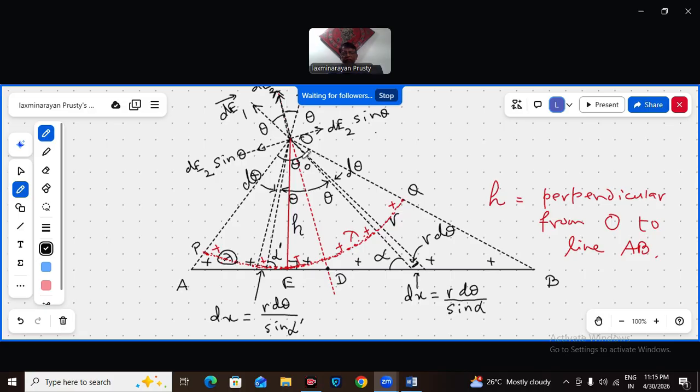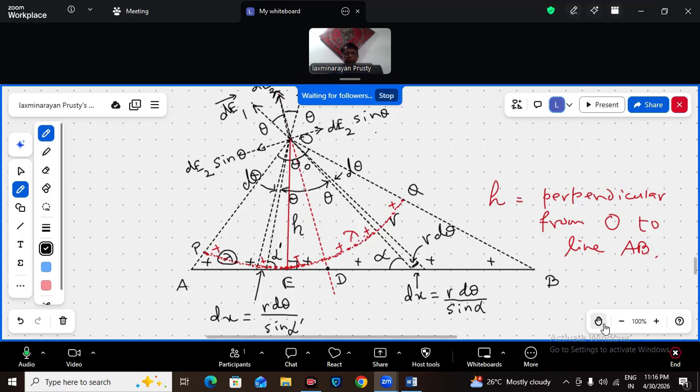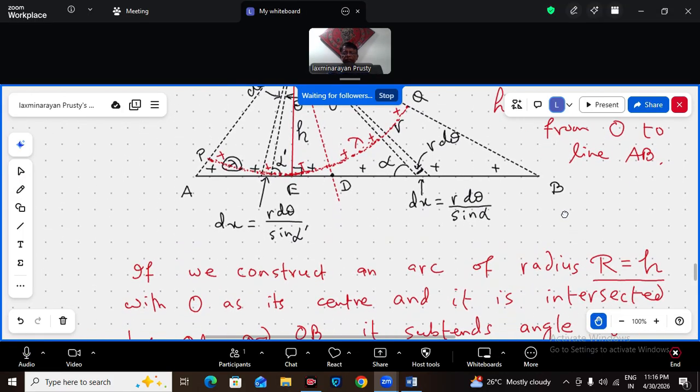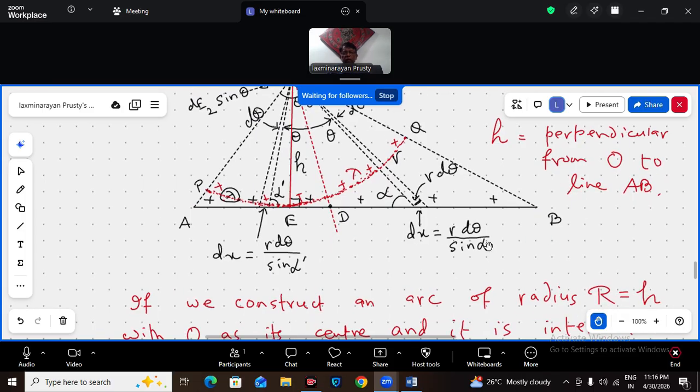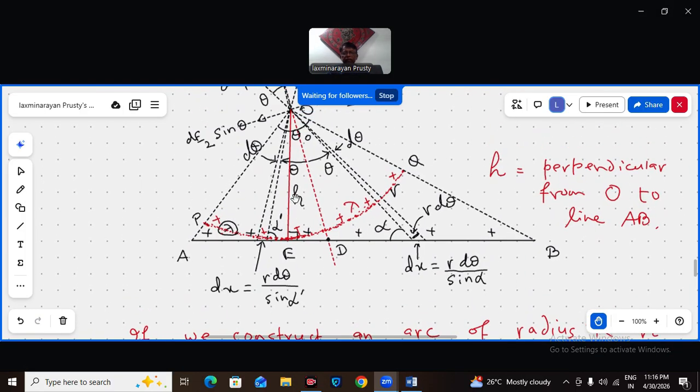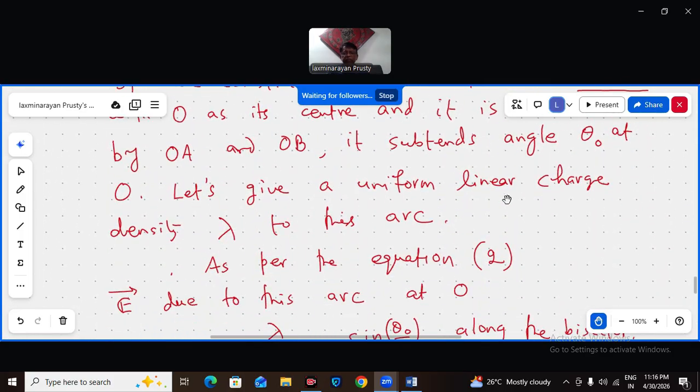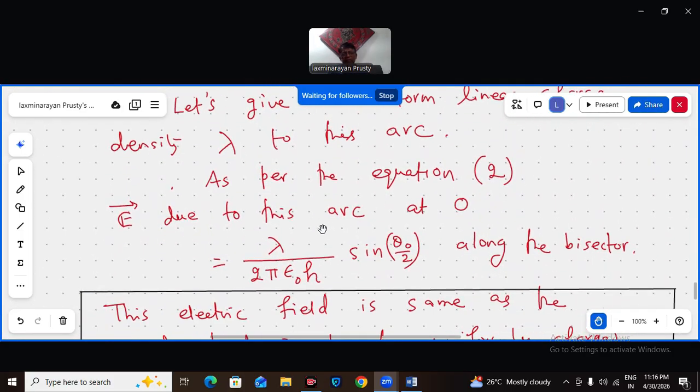So PQ is the arc, and that also subtends theta naught at O. Yes or no? And this red line is also the bisector of that theta naught for the arc also. And in this case the radius of the arc is h. So what will be the electric field due to this arc?